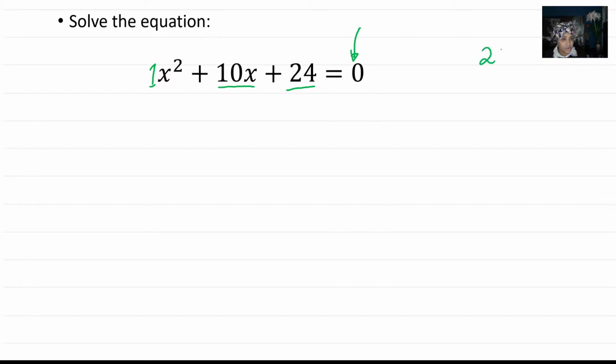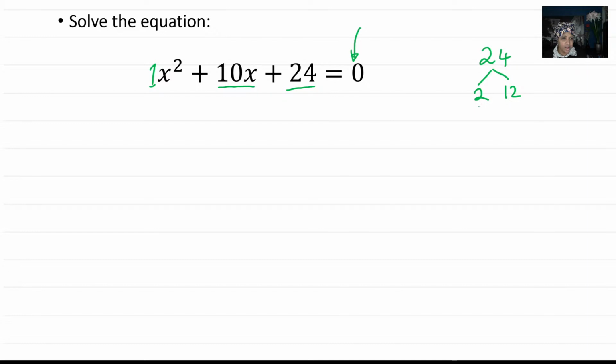So 24, how many ways can we make 24 to get a 10? Well, we can do 2 and 12. But if I add them, if they are both plus, because everything here is plus, that will give me 14. That's not good. Again, what can I do here?